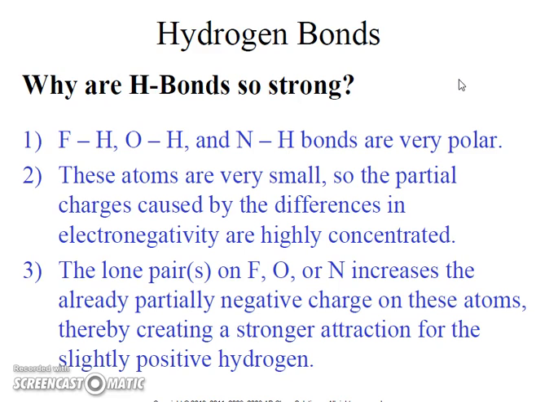So that means there's going to be a much larger partial negative and much larger partial positive. And those are your three most electronegative elements. Just remember, electronegativity increases across, and it's going to decrease as you go down. So nitrogen, oxygen, and fluorine are your three most electronegative elements.